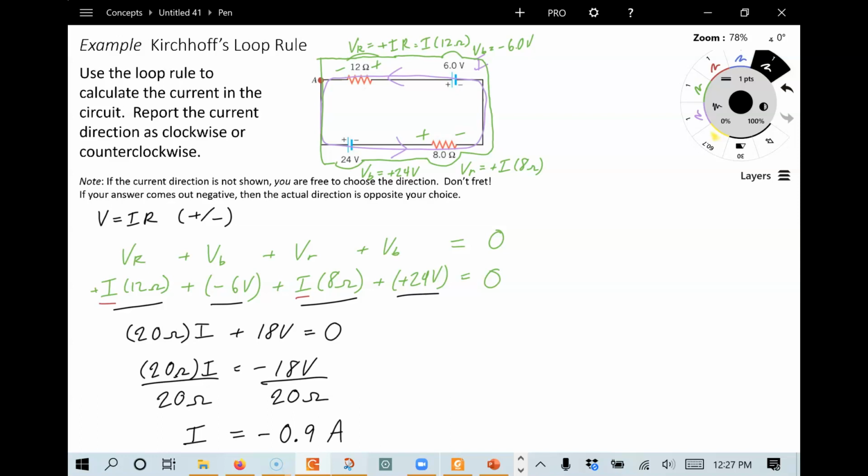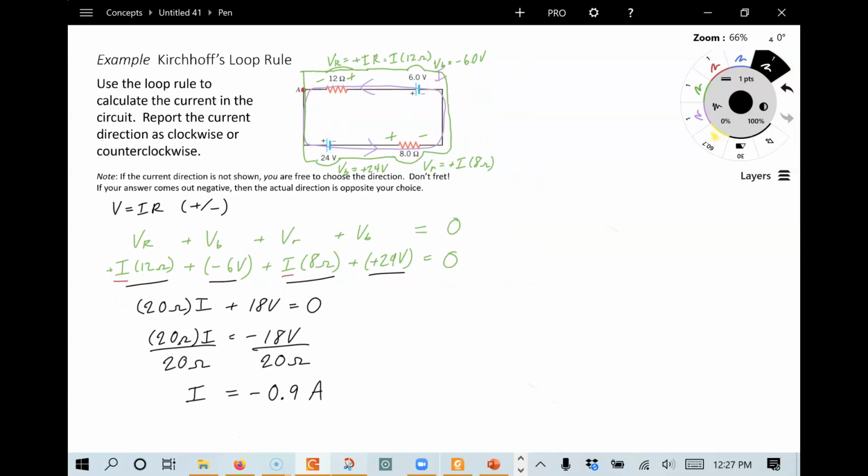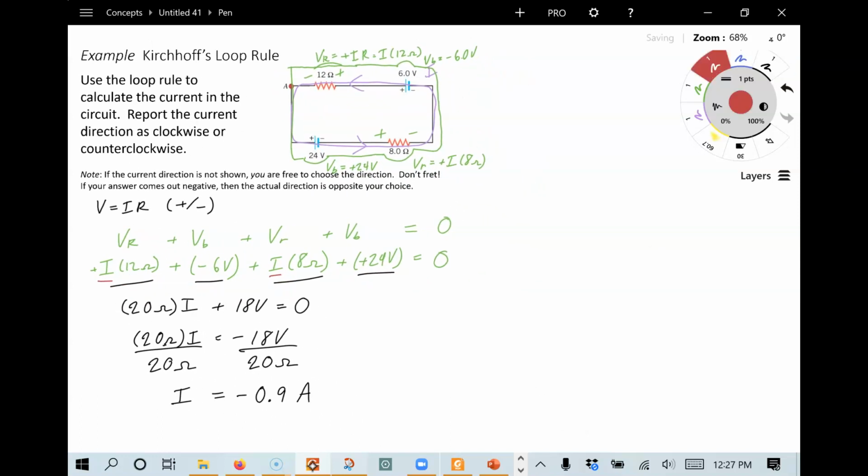0.9 amps. Now, the negative sign here simply means we chose the wrong direction for the current. So in reality, what we should do is say, oops, that was wrong. It should go in that direction.